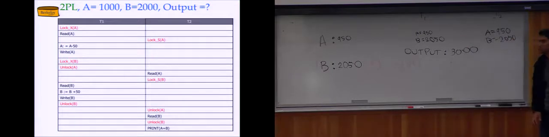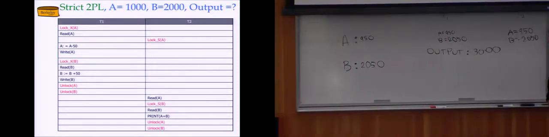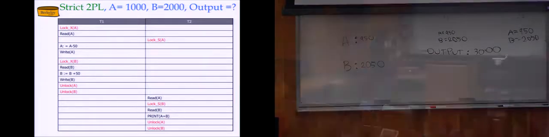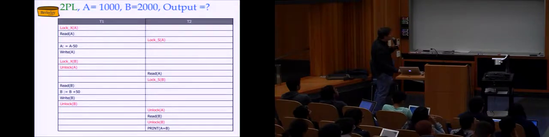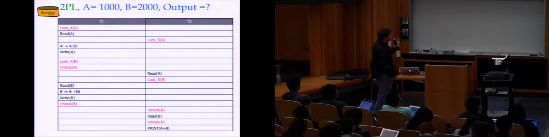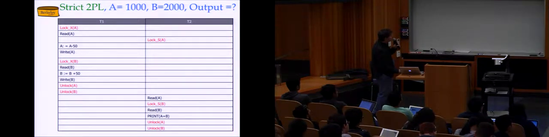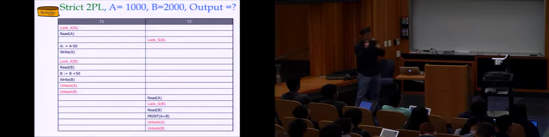I think there's one more. Okay, things happen in a slightly different order here, but let's maybe not work through the details. What's different here? In this case, T2's read was interleaved between T1's write of A and T1's dealing with B. Here, T1 went essentially all at once.